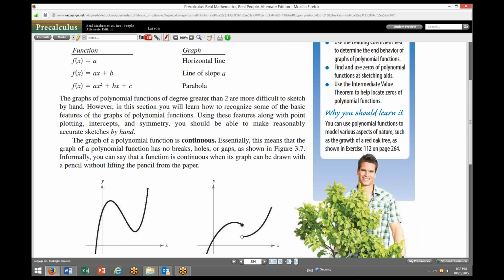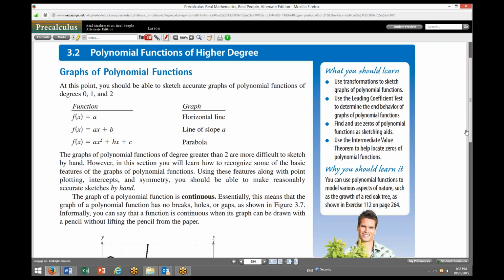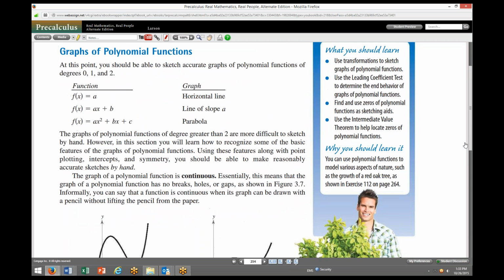For instance, if the degree is an even number, like x squared, x to the fourth, x to the sixth, or if the degree is an odd number, like x to the first, x to the third, x to the fifth, x to the seventh, there are significant characteristics of those two groups of functions. We're going to talk about that. But first, let's get into some basic characteristics of polynomial functions at all.